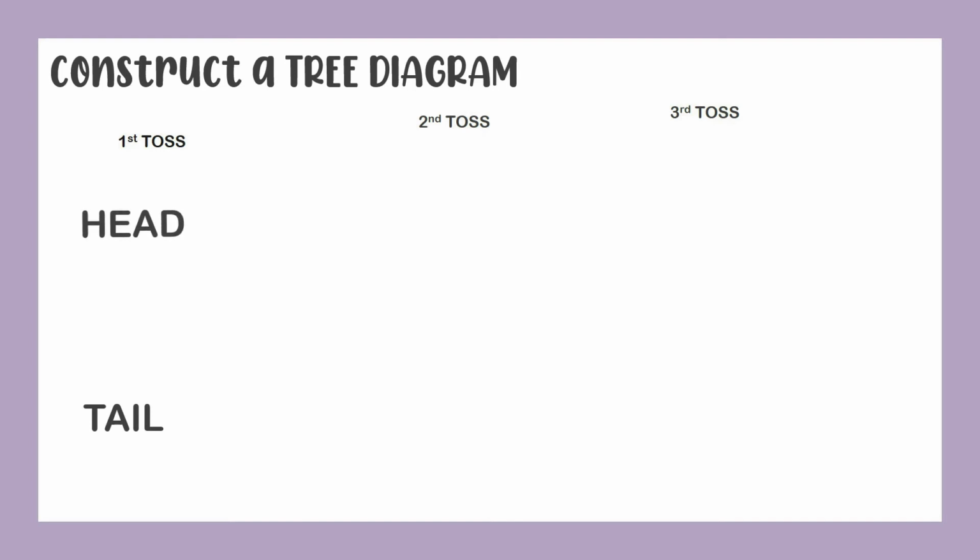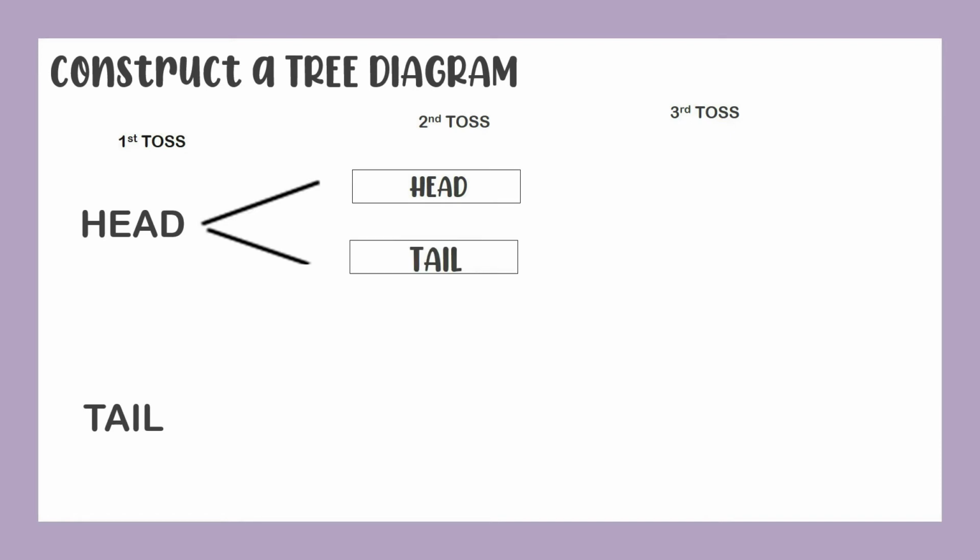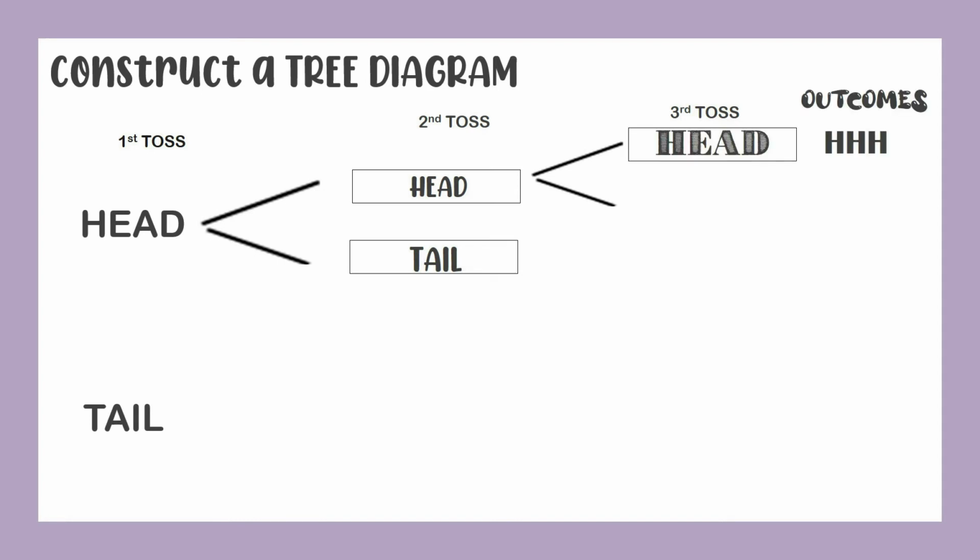In the second toss, there are also 2 possible outcomes. Either the coin after tossing will land on the head, or it will land on the tail. As we continue for the third toss, the third coin may land on the head, giving us a final outcome of a head, head, head combination.